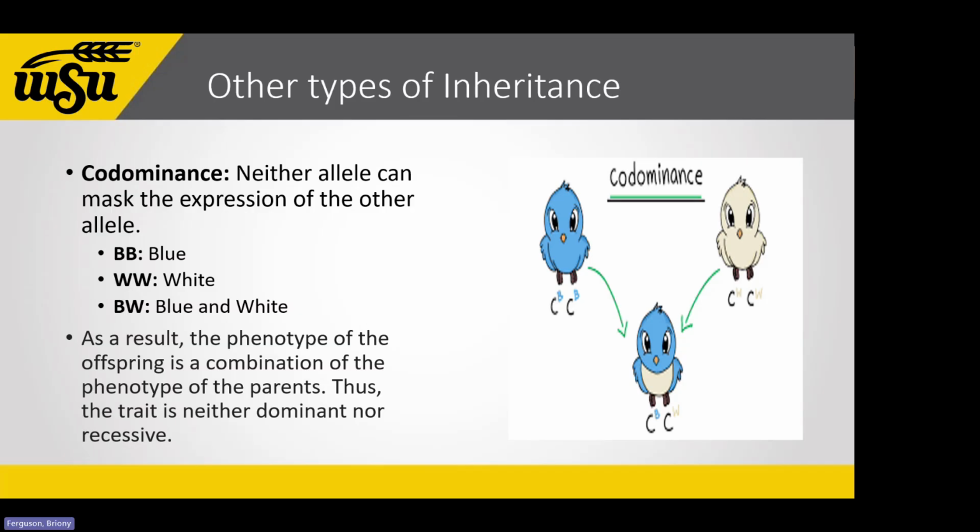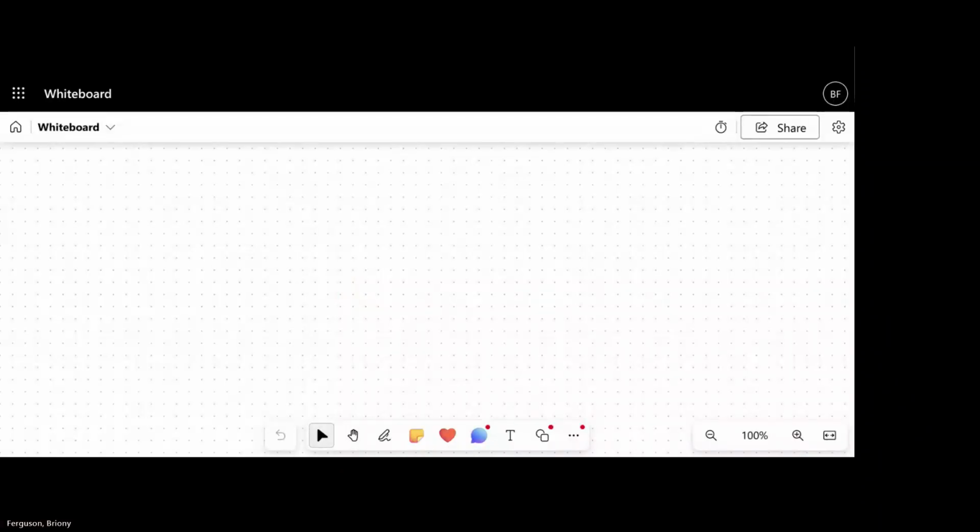Now we are going to go over these Punnett squares a little bit together, just so that I feel that you guys are fully prepared and know the steps of actually creating and finishing one.